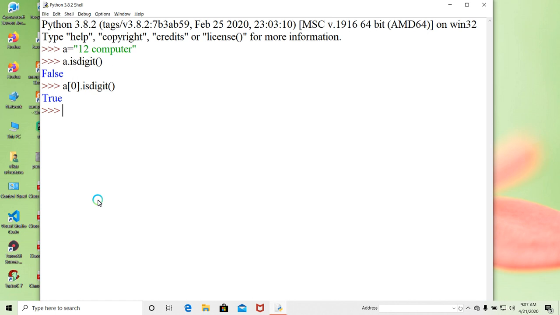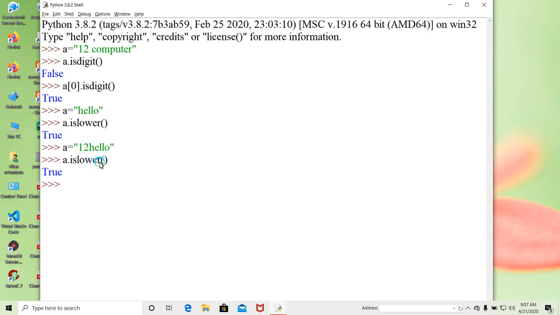Clear? For example, a is equal to hello, and we write a islower. Look, it returns true. But if we write a is equal to 12 hello, and we check here a islower, it also returns true because digits are not considered as alphabets.